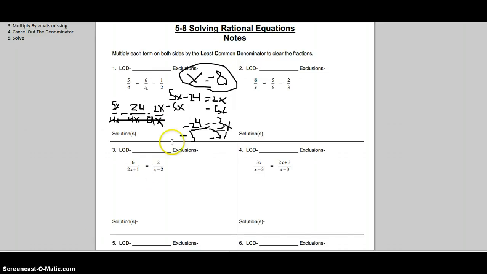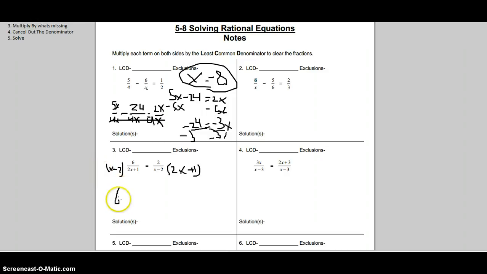So what we want to do is multiply this side by x minus 2. Since we can't really find a least common denominator, we're just going to have to multiply one side by the opposite side. So we're going to multiply this by 2x plus 1. Whatever you do to the bottom, you do to the top. So we're going to multiply what's missing.